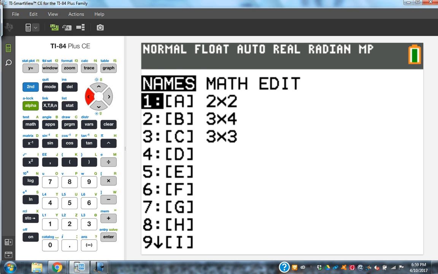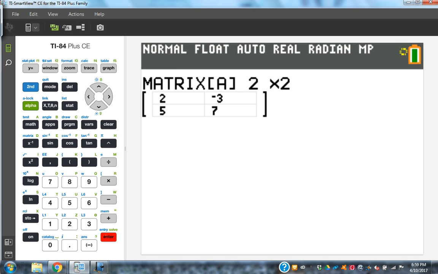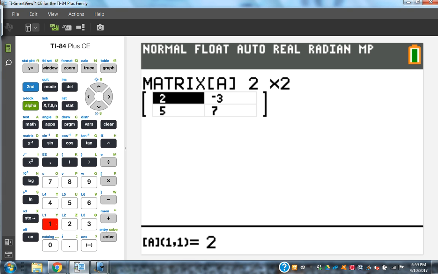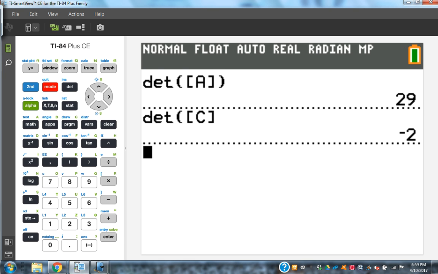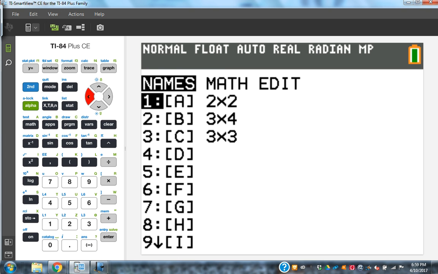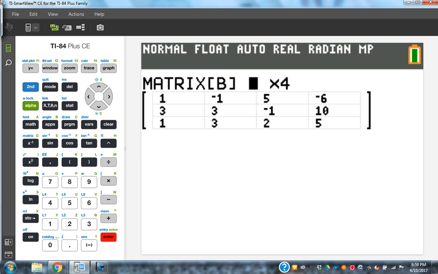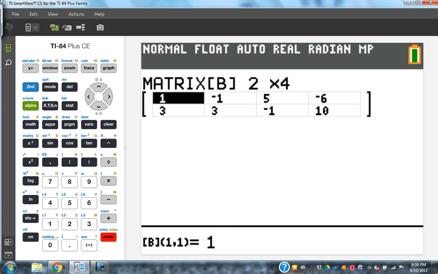Second matrix, edit, A, it's a 2 by 2, 1, -3, 7, 2. Second matrix, matrix B, this one is a 2 by 4, 1, 0, -1, 2, 3, 1, 4, -1.